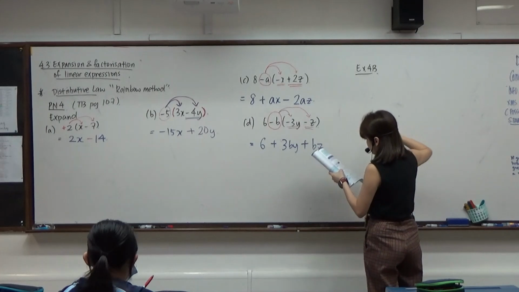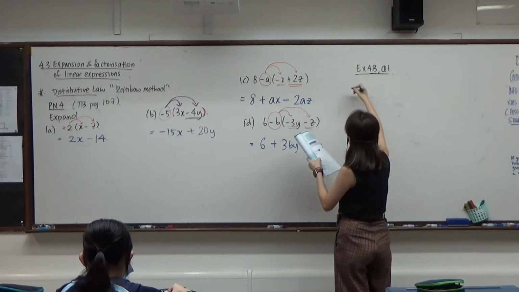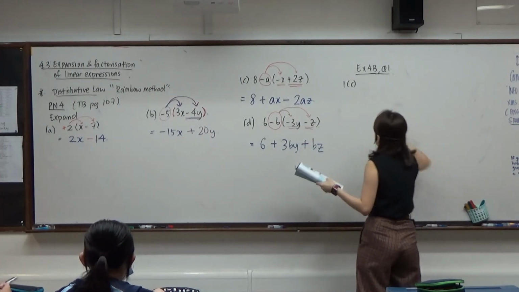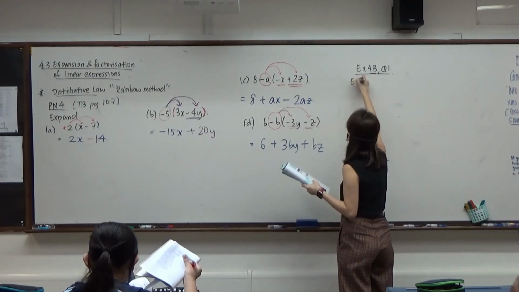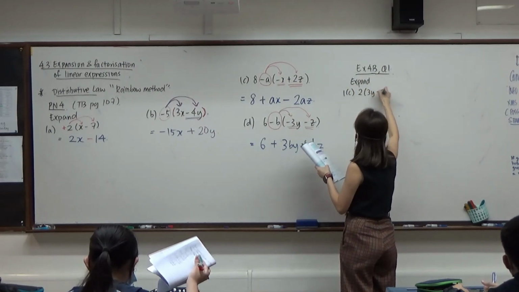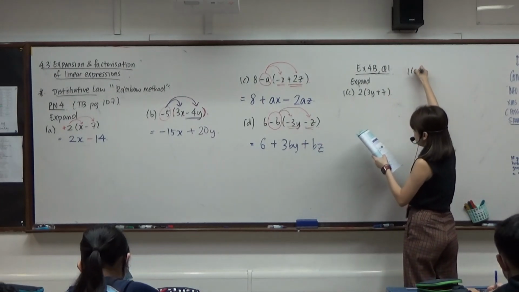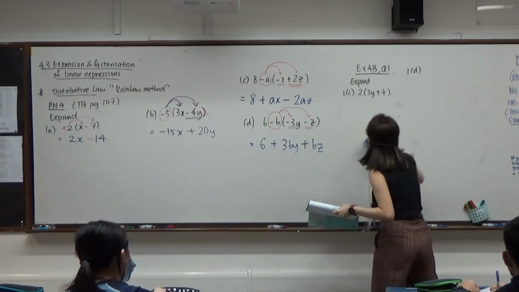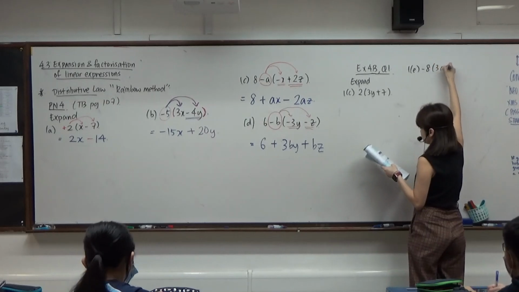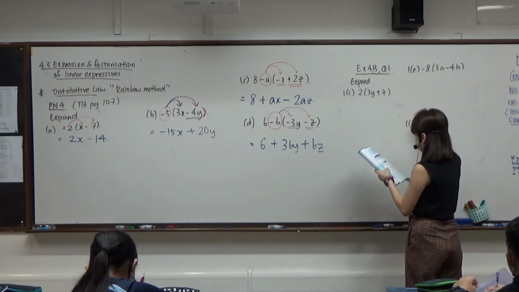I want us to look at exercise 4b, question 1. I want you to try now: 1c, and then 1e, sorry, and then finally, I want you to try 1h.